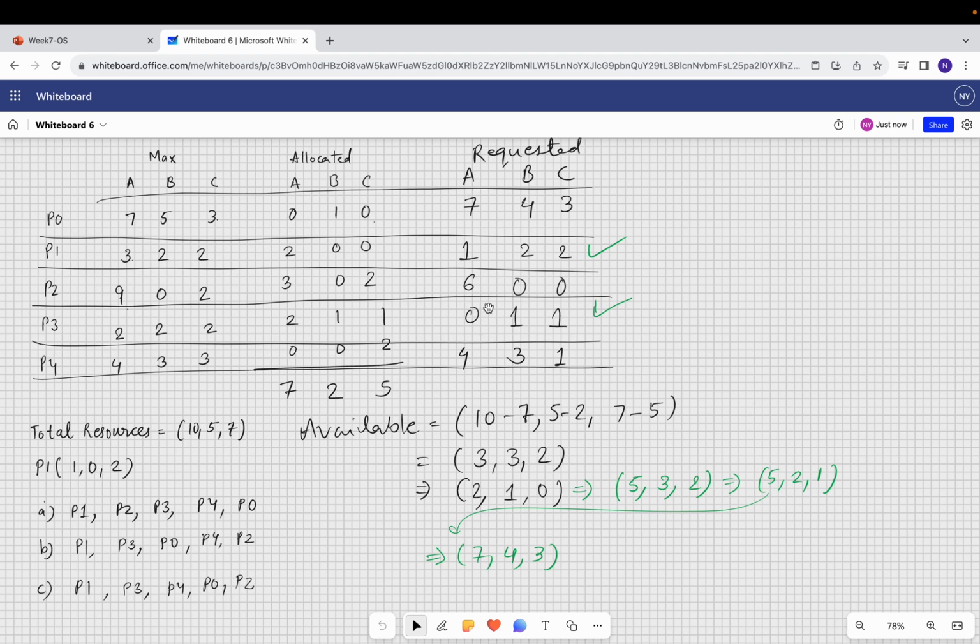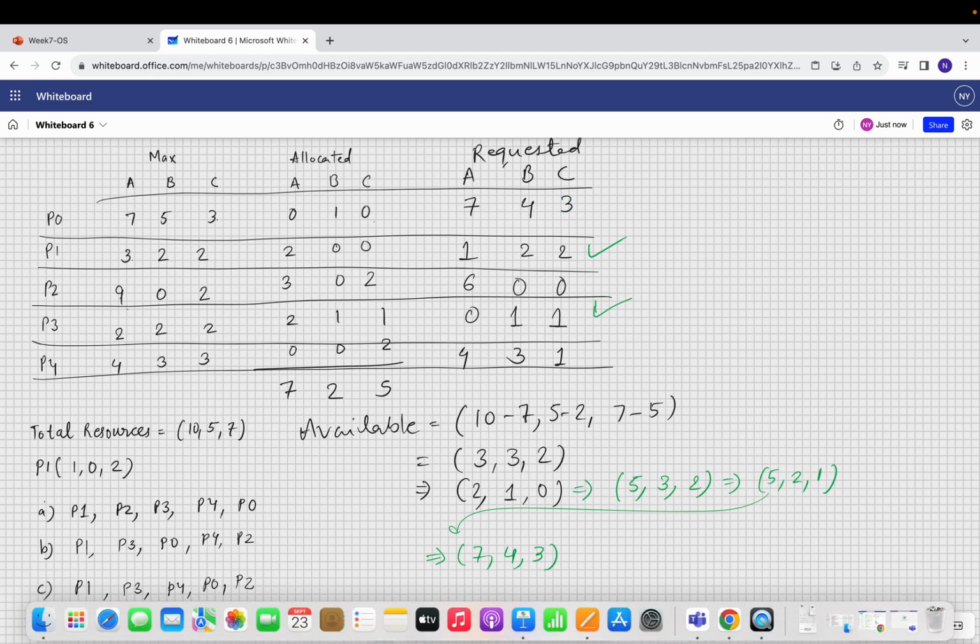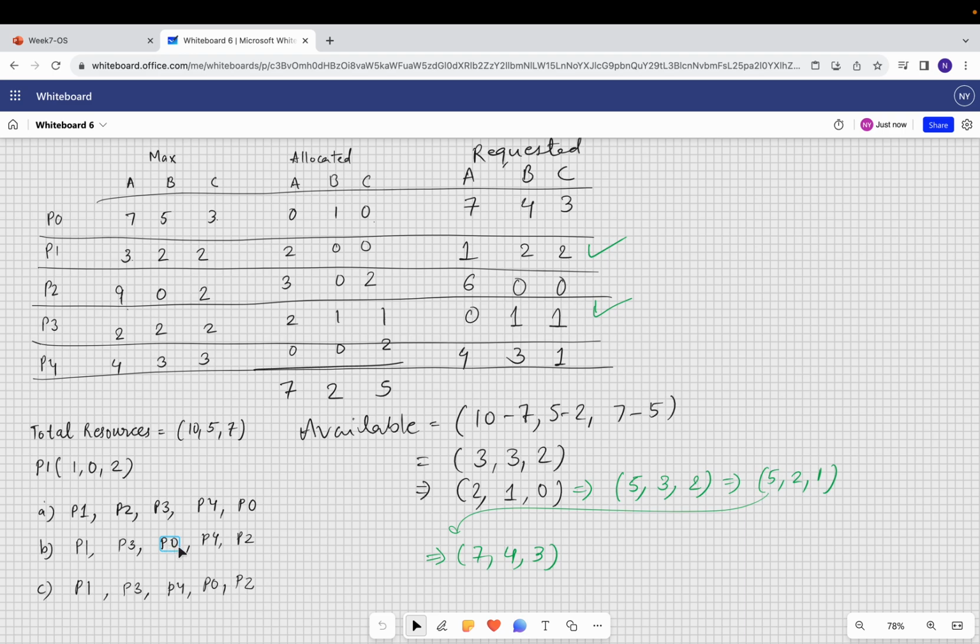So if we service the request of P0, which is 7, 4, 3 here, then we can service the request of P4 as well.